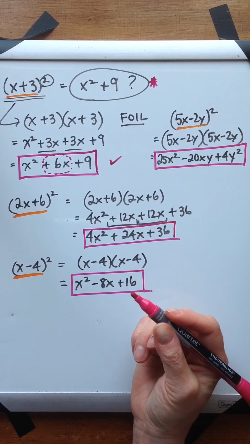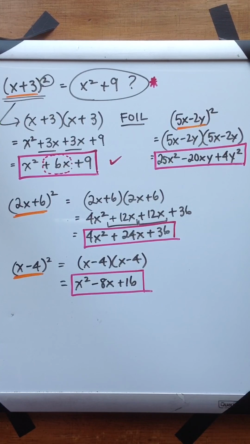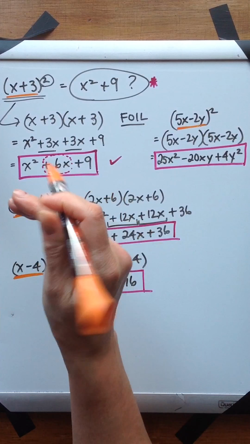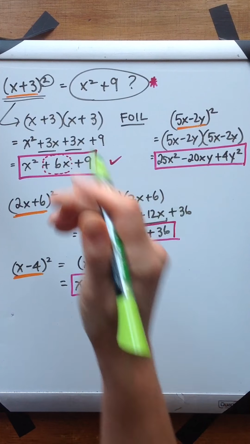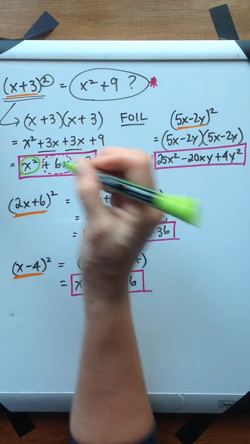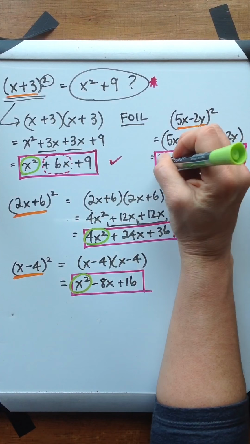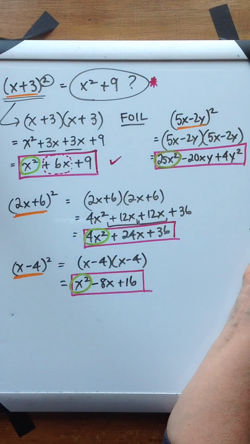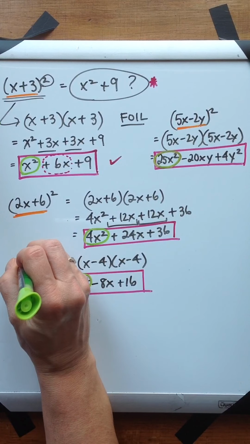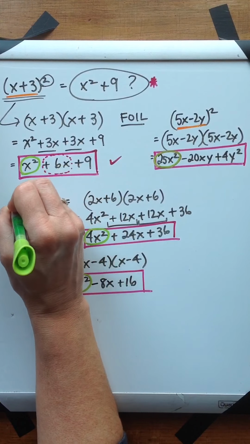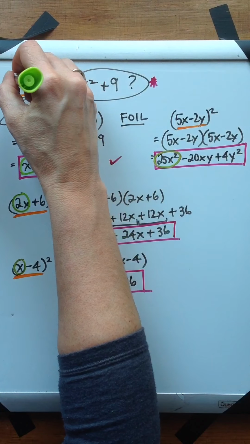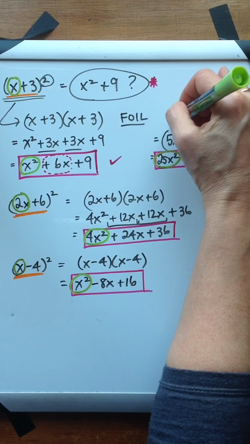So how is the first term in each of these answers? I'll highlight it for you. Here it is. Here's the first term. First and first. How is it related to the first term in the binomial? This one, and this one, and this one, and this one.